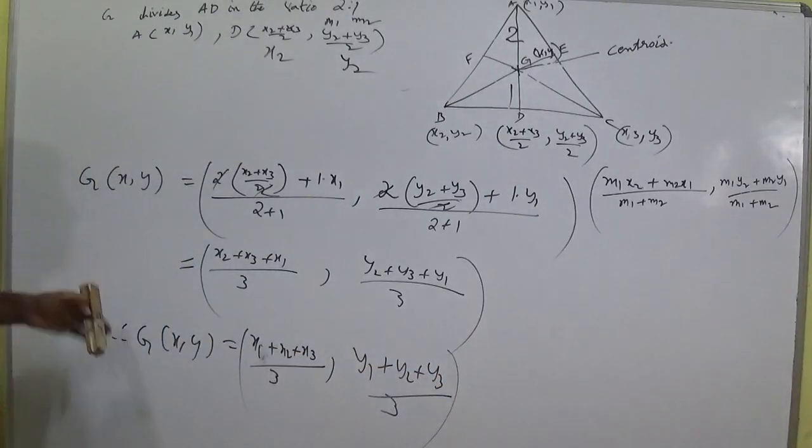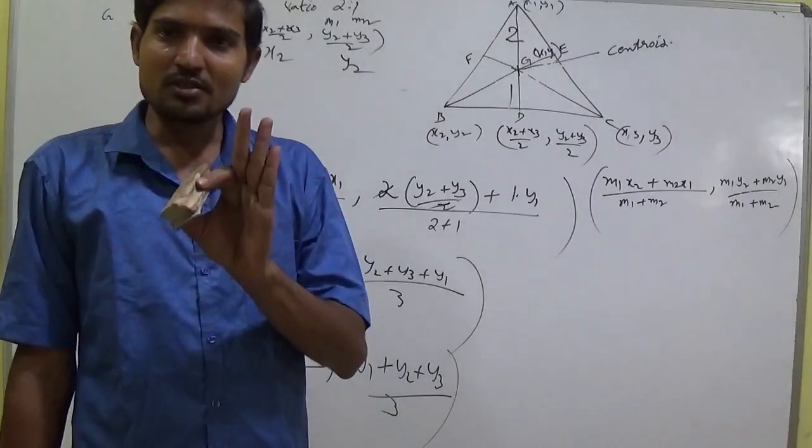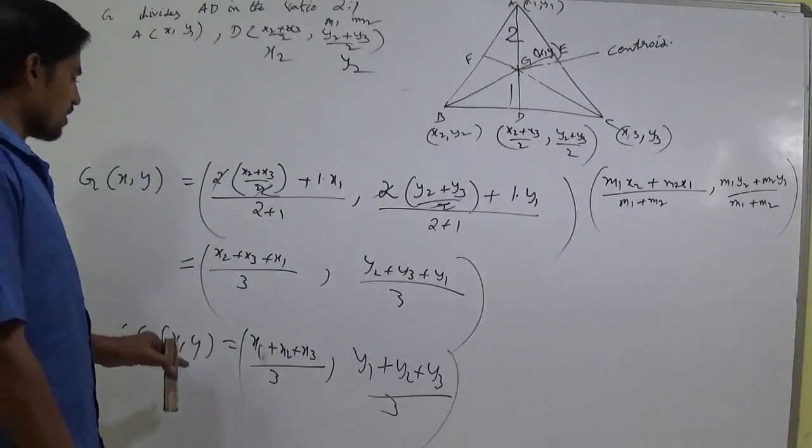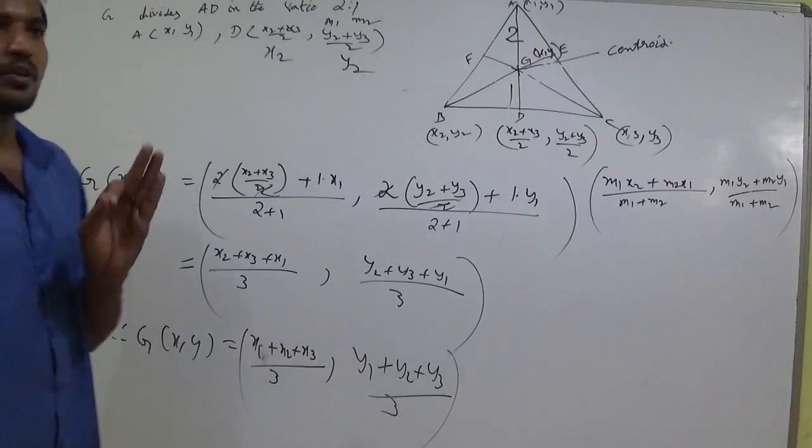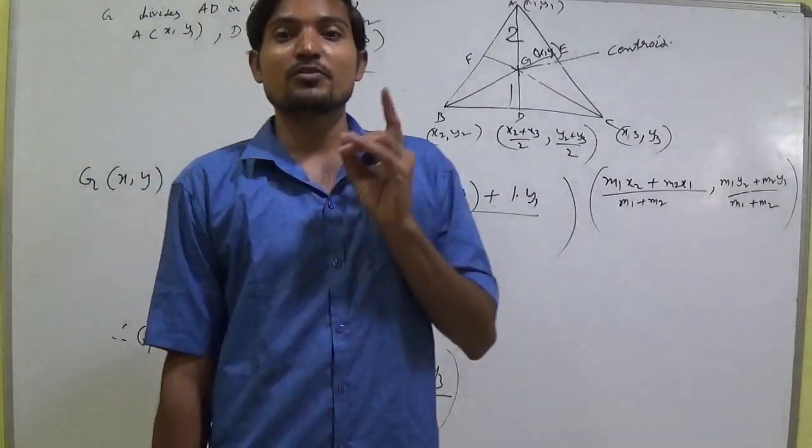These are the coordinates of G. G is the centroid. Centroid formula: ((x1 + x2 + x3)/3, (y1 + y2 + y3)/3).